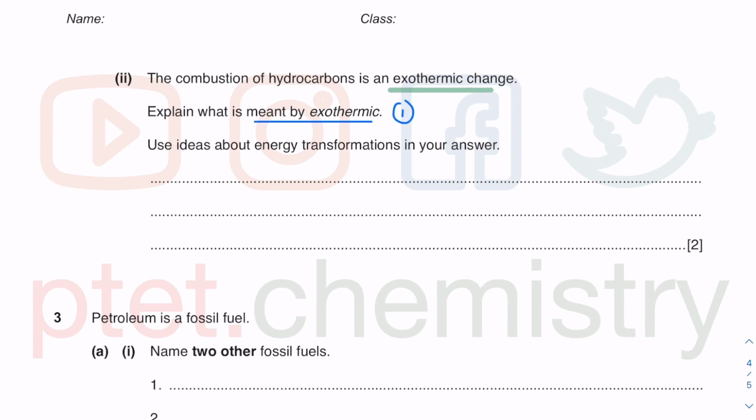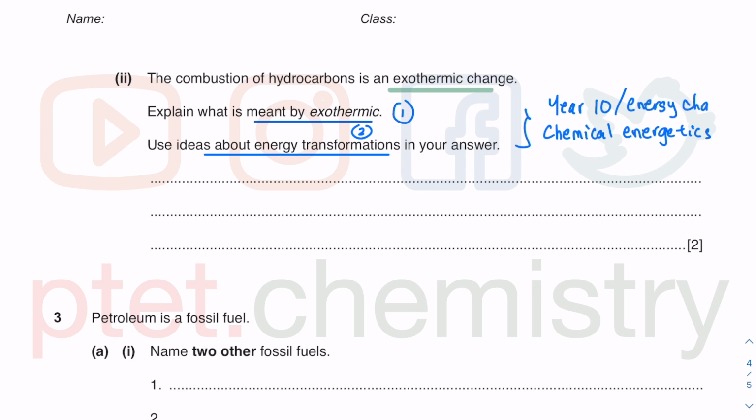In terms of energy transformation, this is straight from Year 10, the topic called chemical energetics. These are to do with heat energy changes. We know that exothermic reactions give out heat energy. So what is meant by that? It gives out heat energy to the surroundings.